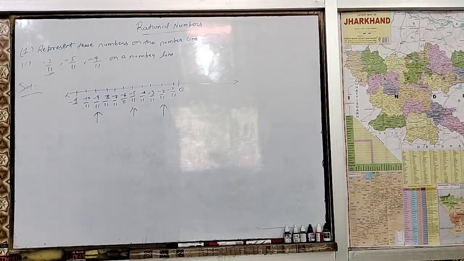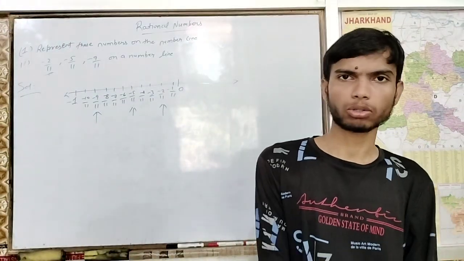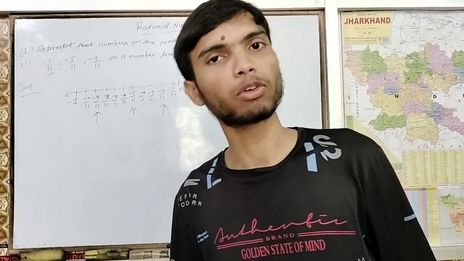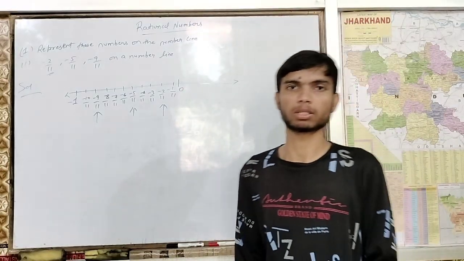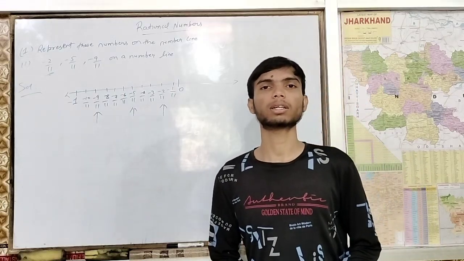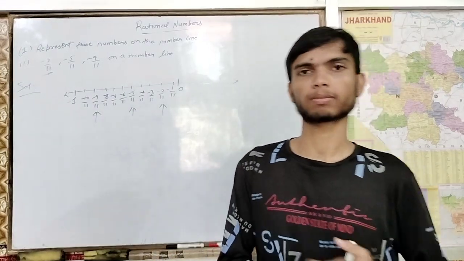It is very easy to plot integer numbers, but when it comes to rational numbers, most of you would get confused. Most of you would say, I am not able to present this fraction on a number line. But trust me, it is very easy if you understand it carefully.